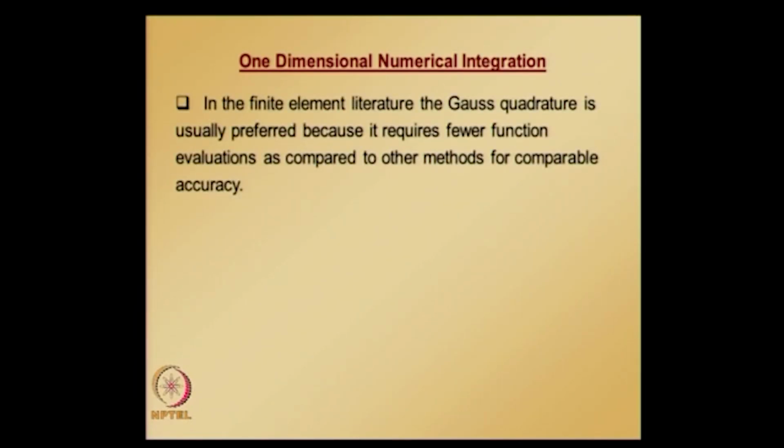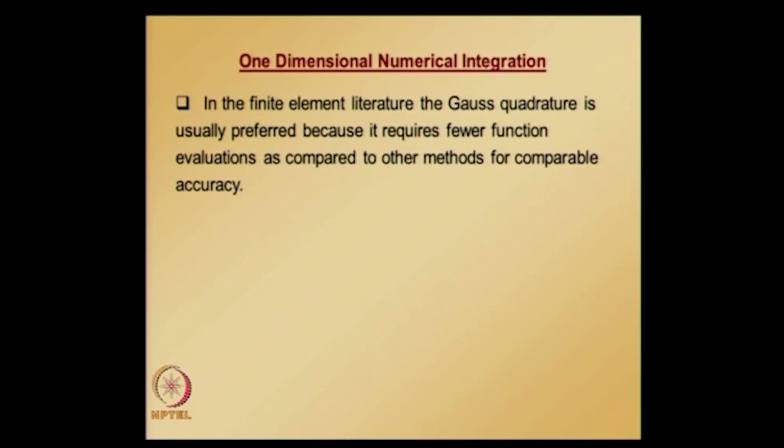In finite element literature, Gauss quadrature is usually preferred because it requires fewer function evaluations as compared to other methods for comparable accuracy. This is what we discussed in the last class, and here I am briefly reviewing it before I proceed further.